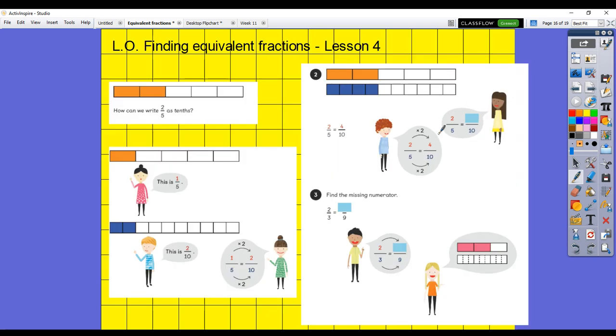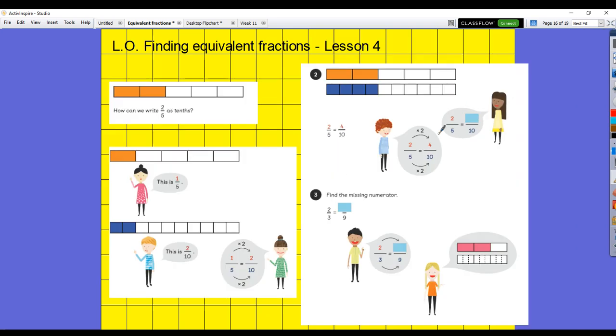Okay? So, if we wrote 2/5 as tenths, how can we do that? So, this is quite clearly 1/5 because we've got 1 out of 1, 2, 3, 4, 5. And then we've got 2 out of 2, 4, 6, 8, 10. Okay, so 1 times 2 is 2, 5 times 2 is 10. How about 2/5 then? What do I do to 2 to get to 4?